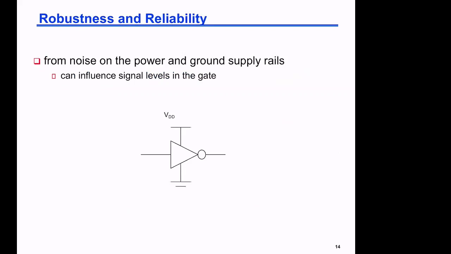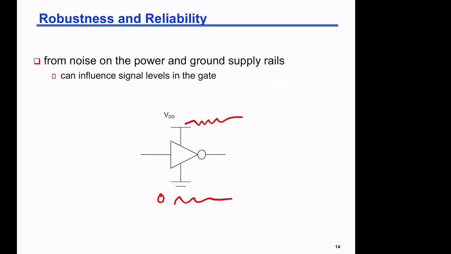But as well, as we said, we can have bounce on the grid, meaning the VDD or on the ground. We can have voltage drop on VDD or we can have bounce on the ground. So the ground might not arrive to me as a perfect 0 and it might not arrive to me as a perfect VDD because of this coupling that happens in the circuit, because of the IR drop and many other factors.